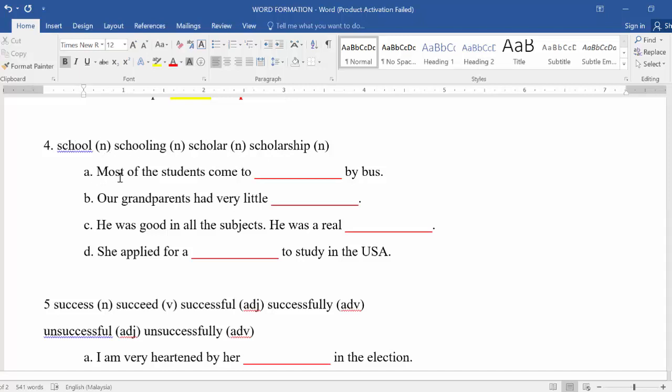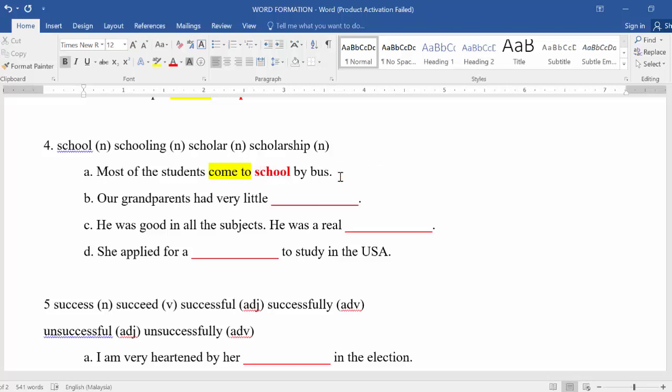Okay, A, most of the students come to, so highlight come to. When you see come to, you go or you come, after that must be a place. So your answer should be school. Come to school by bus. Next one, our grandparents had very little what? Highlight very little. Usually after very little something should be a thing.